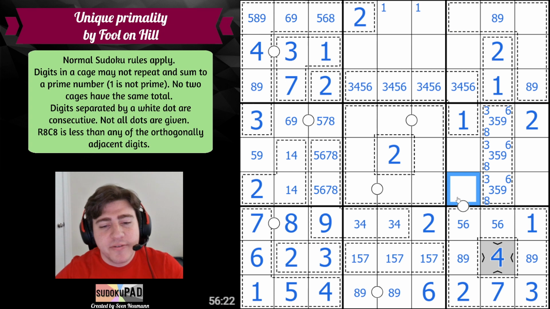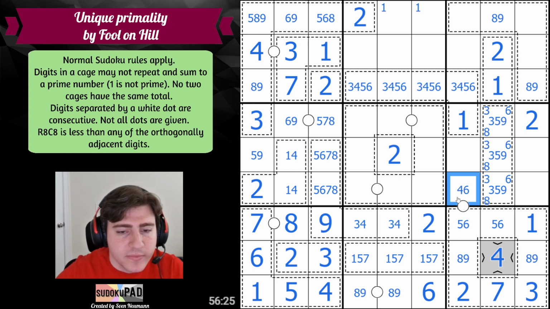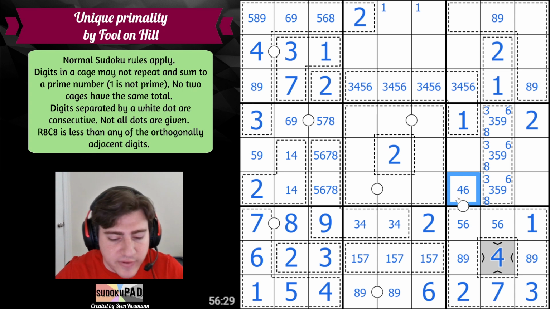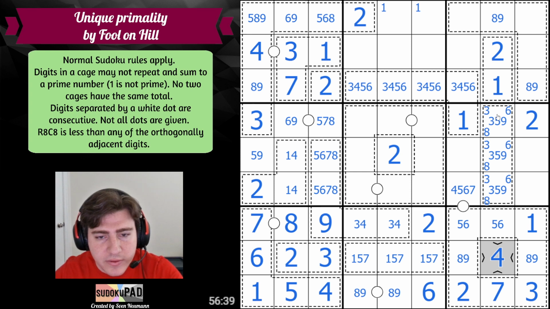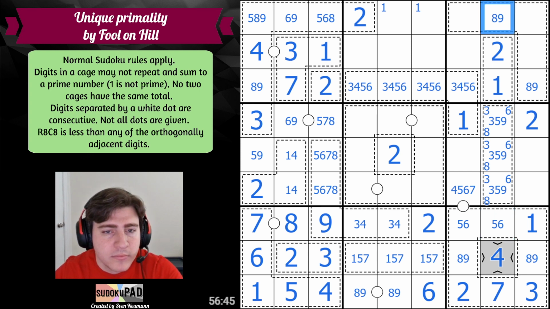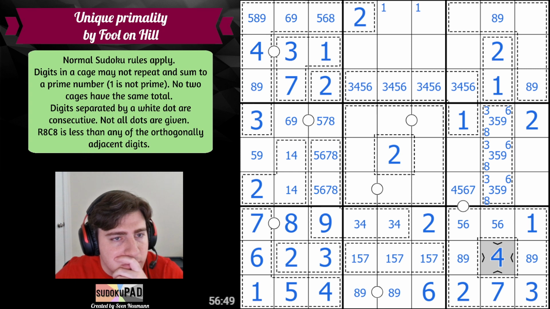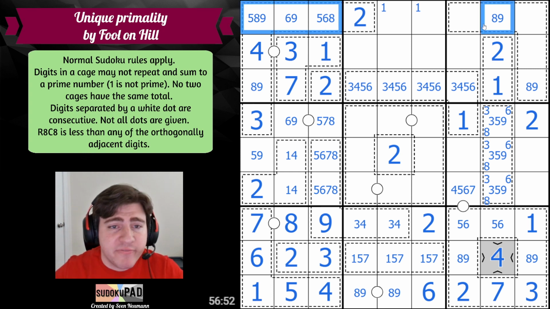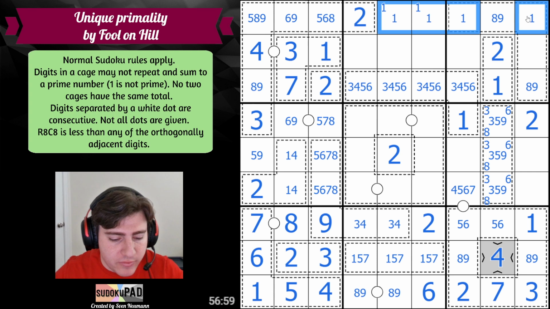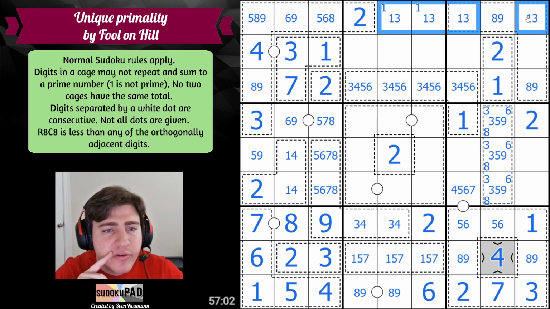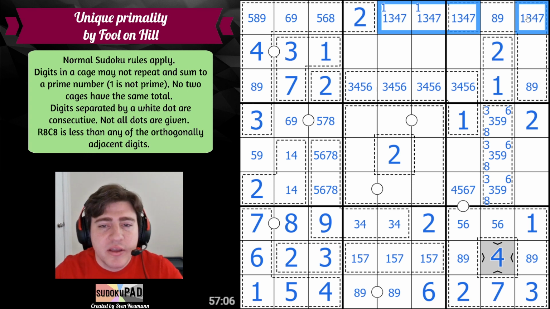Hmm. 5, 4, 6. 6 is 5, 7. 5, 6, 8, 9 leaves us with 1, 3, 4, 7. This cannot, neither of these can be 1. This can't be 3.